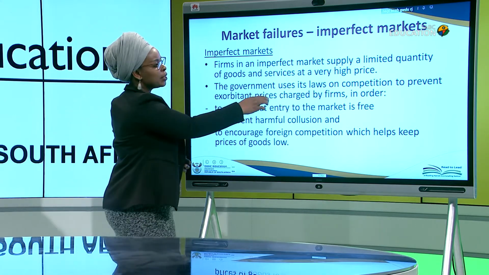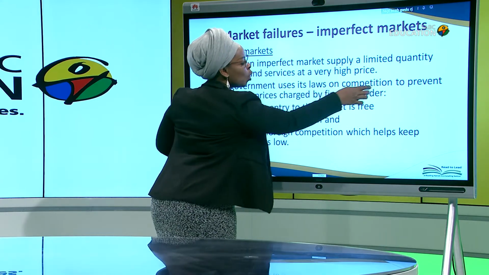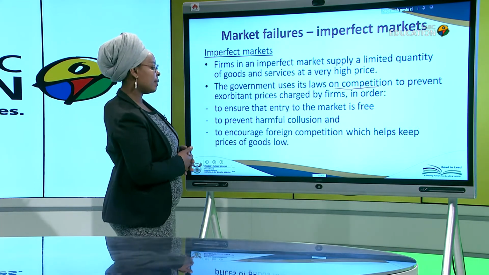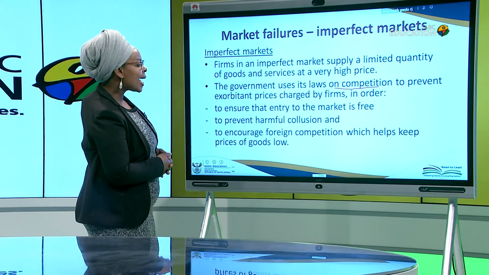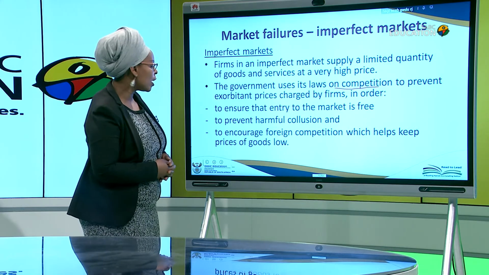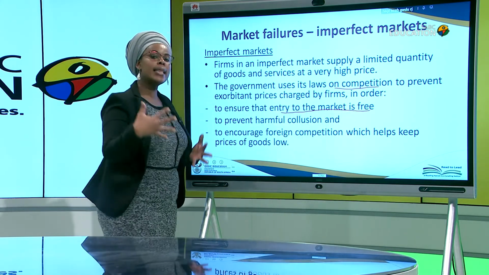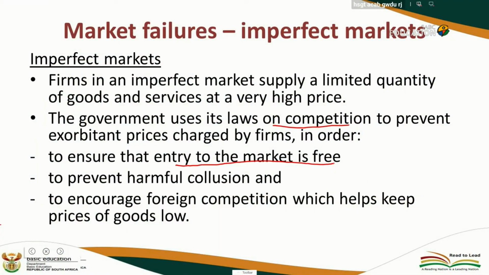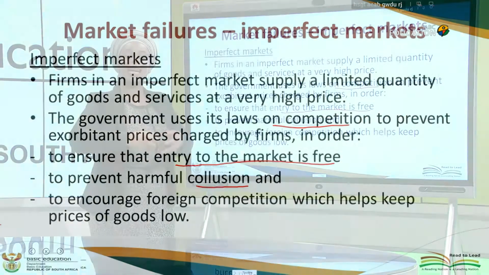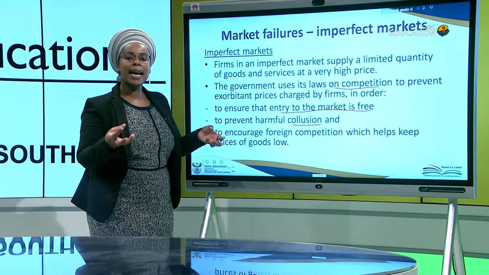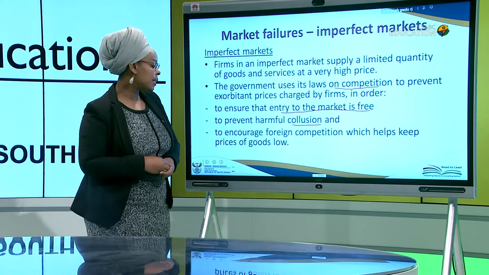The government uses its laws on competition to prevent exorbitant prices charged by the firms in order to ensure that entry to the market is free. Where the entry was blocked, entry will be free because of government intervention. To prevent harmful collusion, the government can investigate businesses which are charging abnormal prices, and legal action can be taken against them.